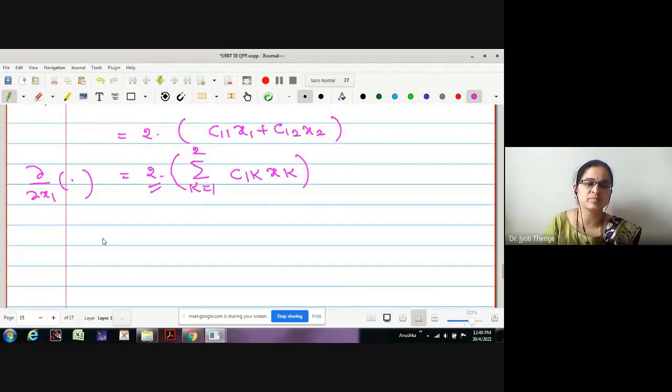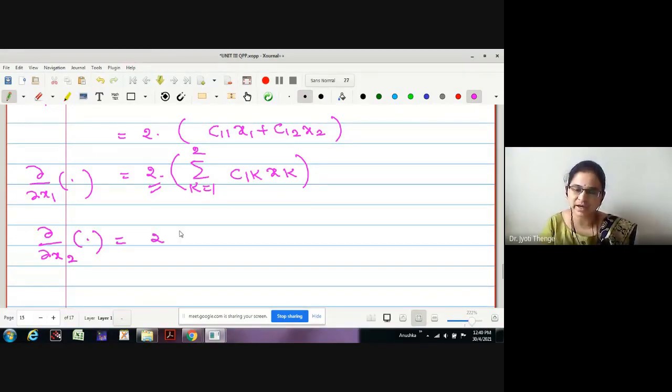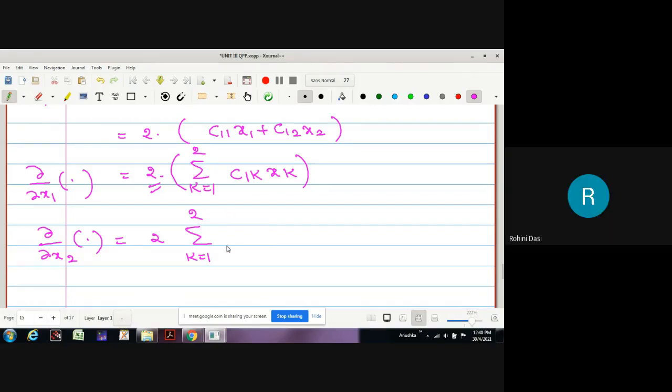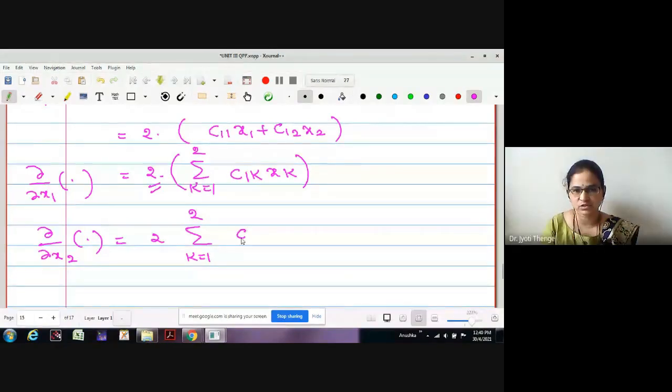Same if I take the partial derivative with respect to x2, this is 2 times c2k xk.